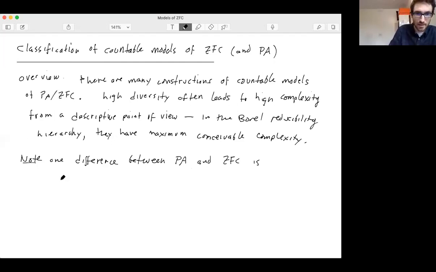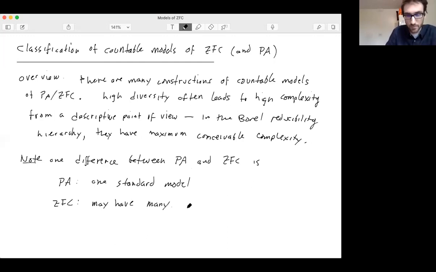So PA has one standard model, while ZFC may have many. What I mean is some complete theories extending ZFC.